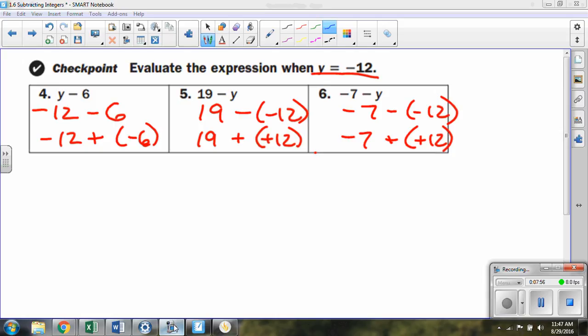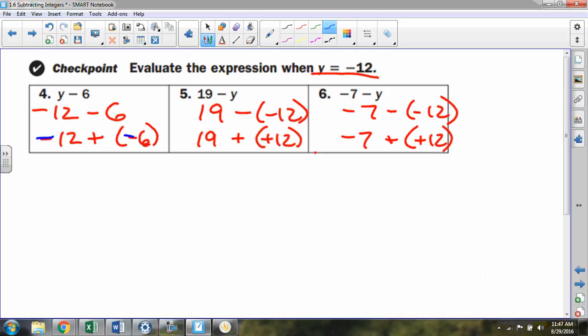And now that all three of them are turned into addition problems, we'll use our skills adding integers that we had before. -12 plus -6. Because it's a negative added to a negative, we add them and keep the sign of the bigger one. Going to problem number 5, we have +19 plus +12.